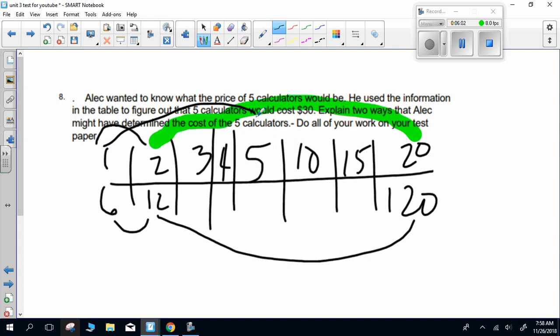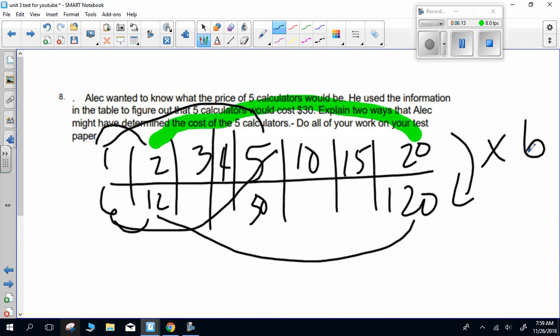And then go up, and go up. So that means that we would get the 30. Another way we could have done it was we could have seen that this was times 6, and then here is times 6. So whatever ways you put down there, just need to be 2 ways. But you also need to fill in this chart. And so this would be 18.